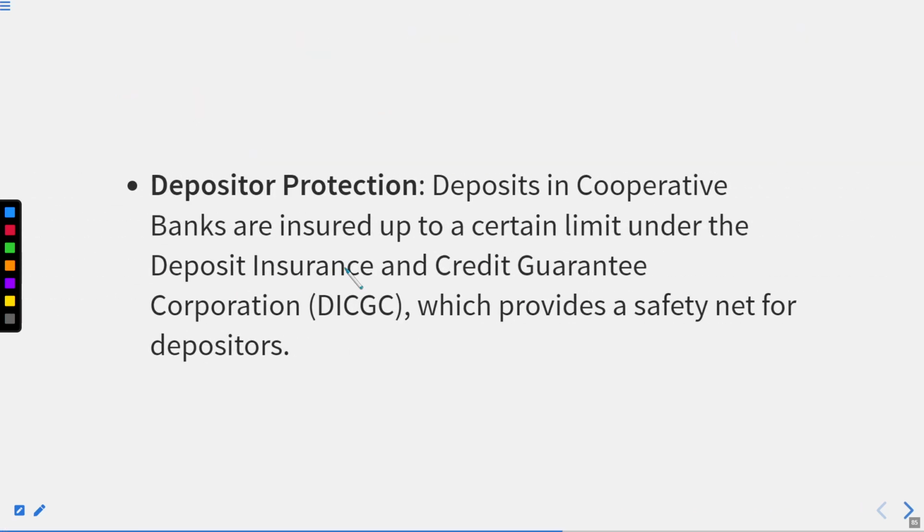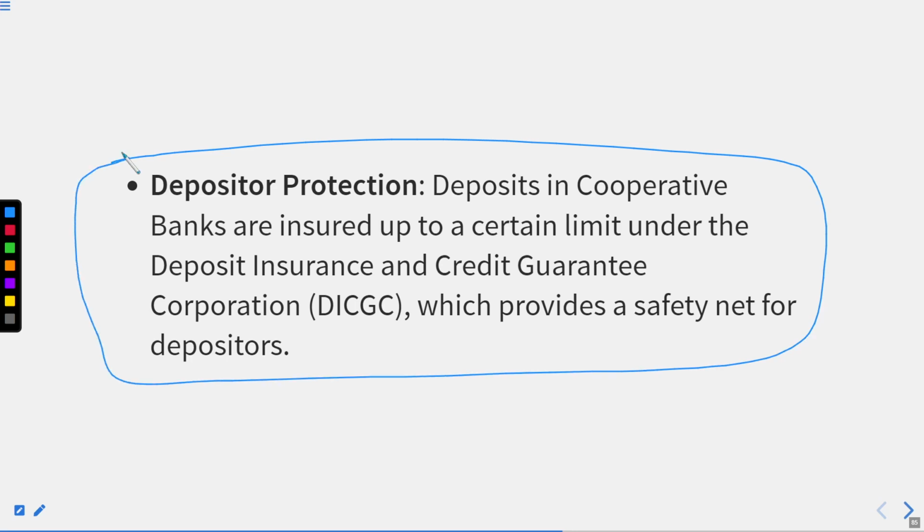Got it? Thereafter, the depositor protection, like the other banks. Okay, deposits in cooperative banks are ensured to a certain limit under the Deposit Insurance and Credit Guarantee Corporation. Okay, it means that suppose someone has an account in XYZ and the XYZ is a cooperative bank, and thereafter some time the XYZ becomes insolvent or bankrupt.